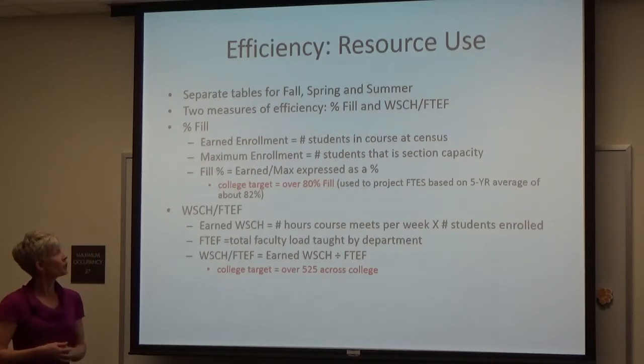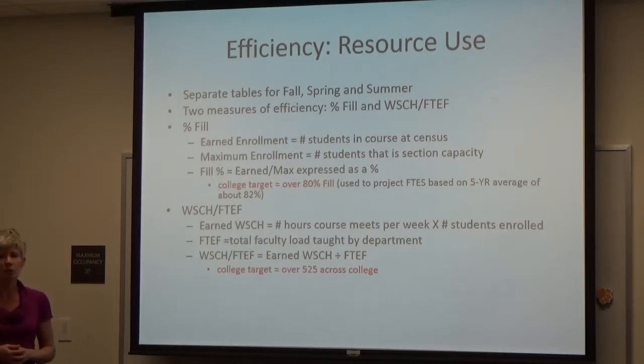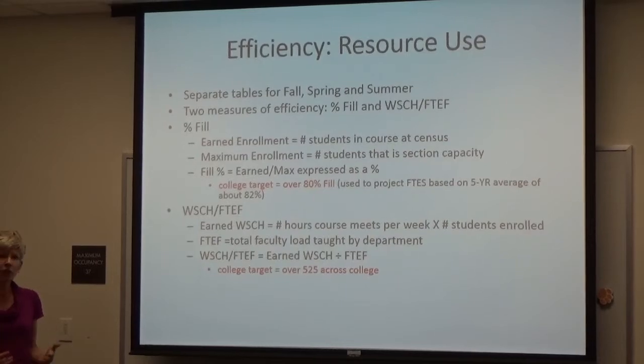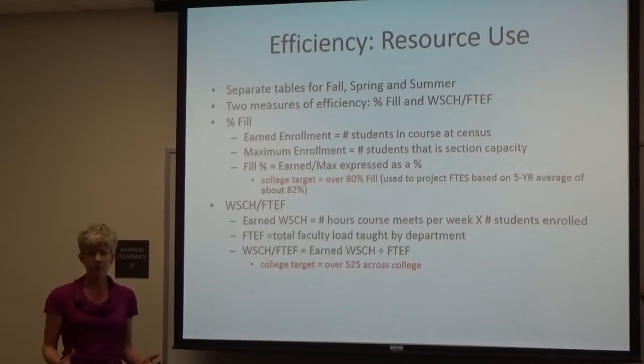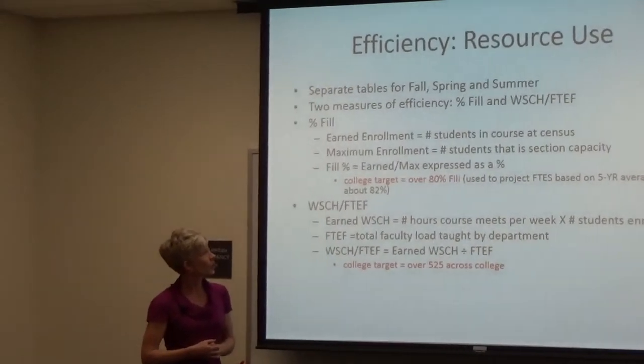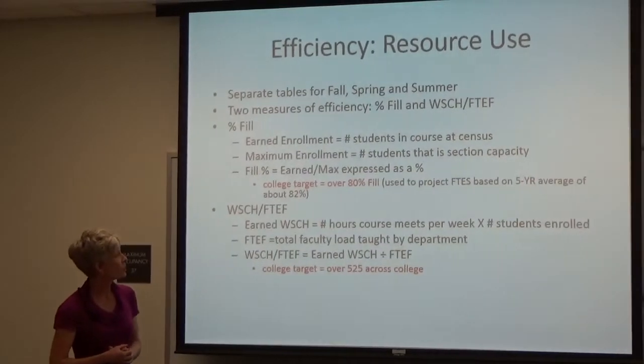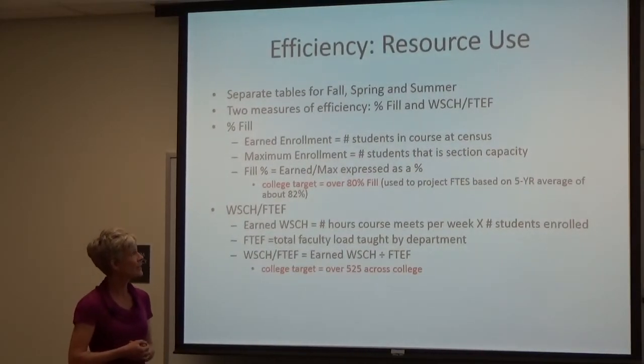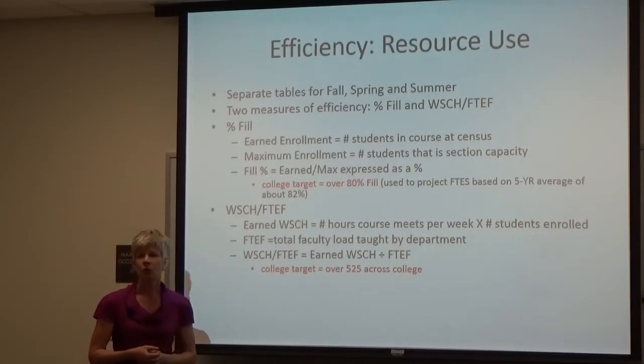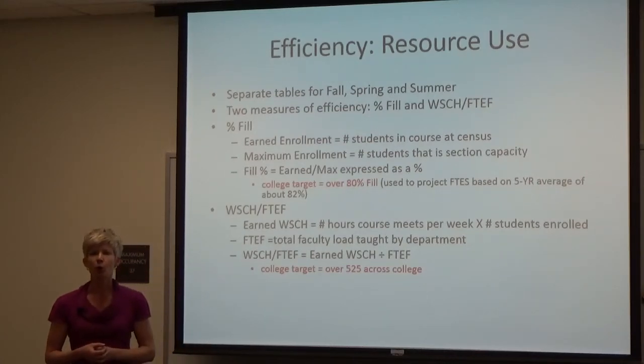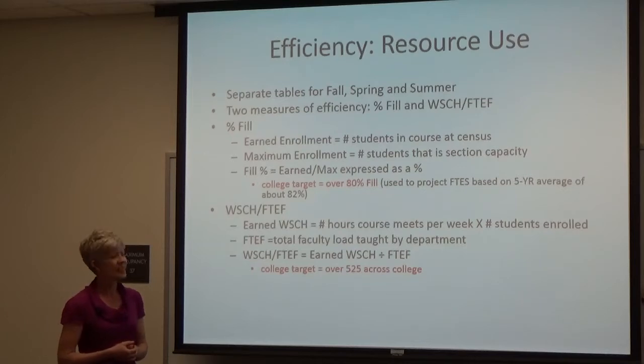There are two measures we're going to use for efficiency. One is called percent fill. That's how full your courses are of students. The other one is called WSCH per FTEF. That abbreviation, WSCH, stands for Weekly Student Contact Hours, and it is proportional to FTES.